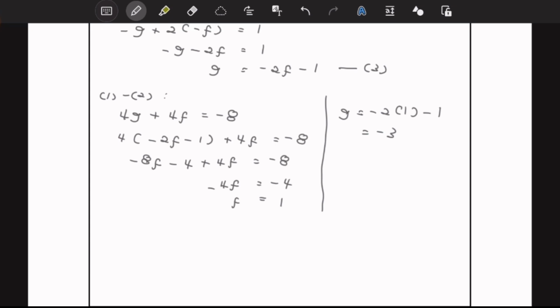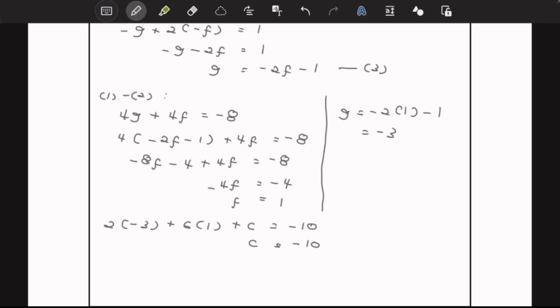Let's substitute into equation 1. So we will have 2 times -3 plus 6 in bracket 1 plus c equals to negative 10. So therefore we get c equals to negative 10.